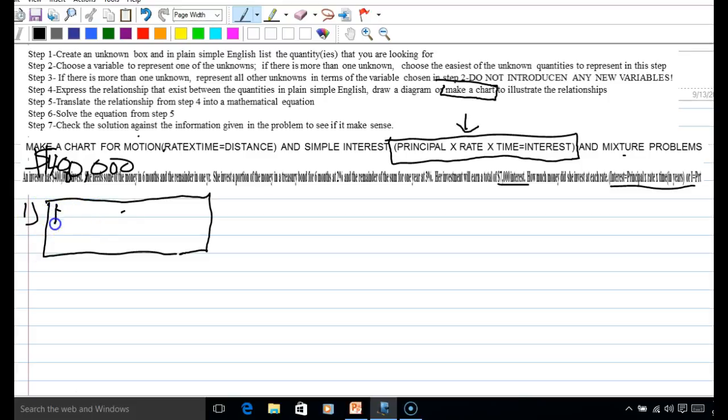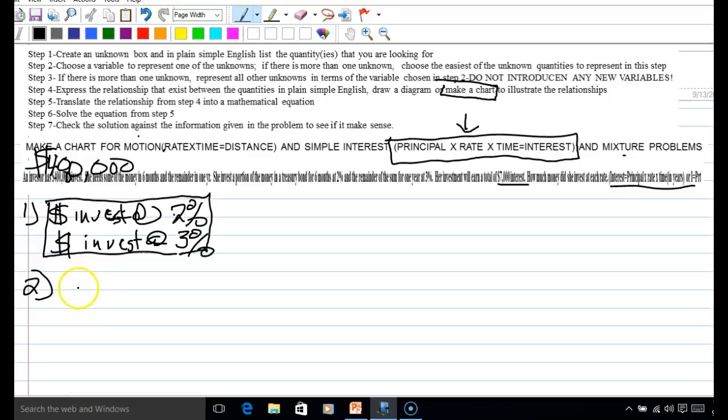So what we're looking for is the amount of money invested at 2% and the amount of money that she's going to invest at 3%. So she has 2 pots of money, and the total sum of those 2 pots is equal to $400,000. And she's going to invest part of the money at 2% and part of the money at 3%.